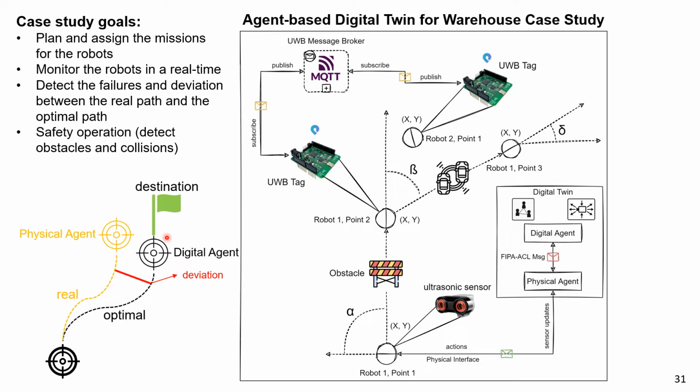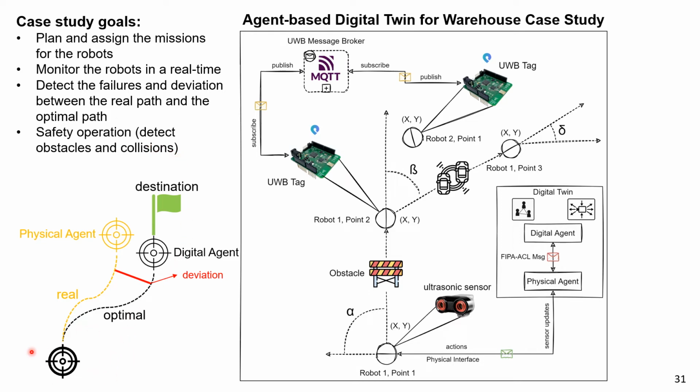The goal of the case study is that we have a digital twin where we can plan and assign missions for the robots and monitor the robots in real time, and of course detect any failures or deviation between the real path and the optimal path of the robot. And of course, the robot should have safety operation and requirements such as detecting obstacles and collisions.